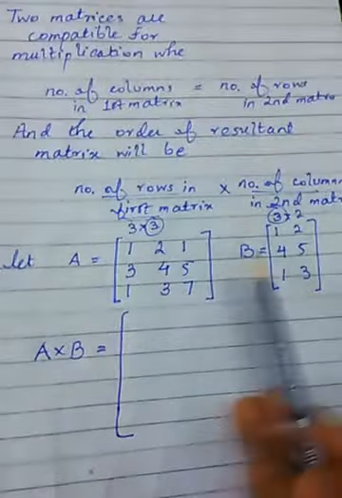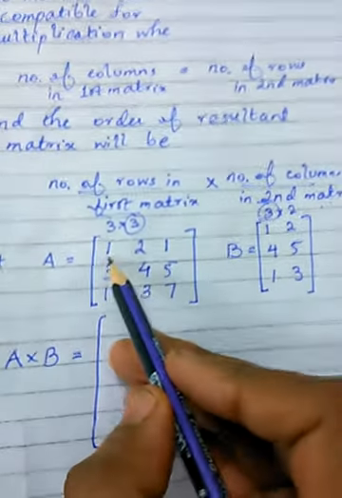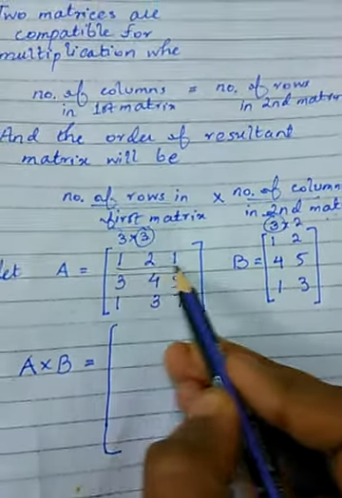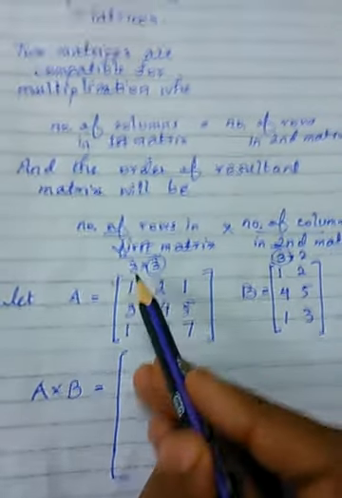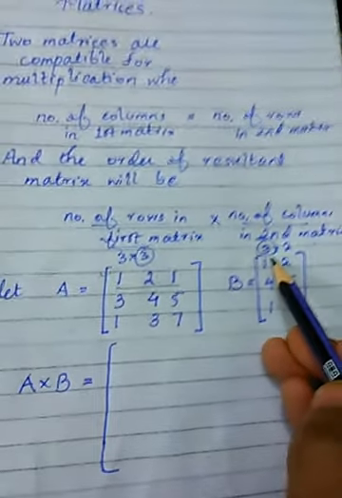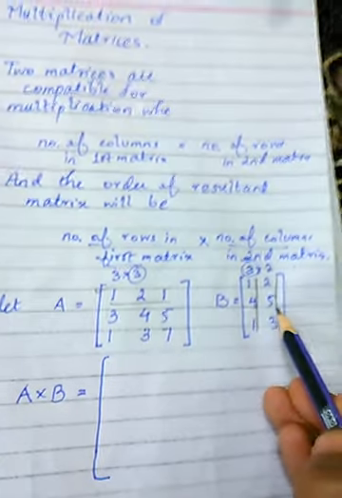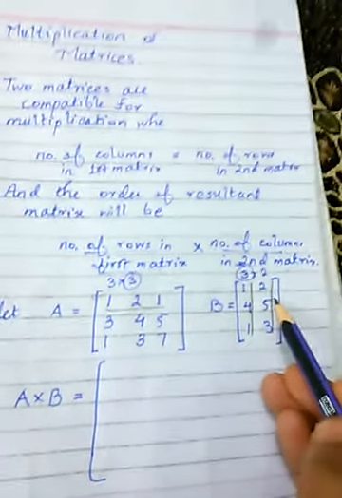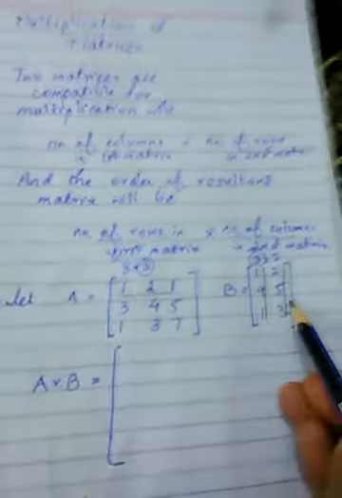To multiply A B, we have to multiply each row with each column. We take the first row and multiply it with the first column of the second matrix, and then we take the first row and multiply it with the second column of matrix B. First row, first column; first row, second column.